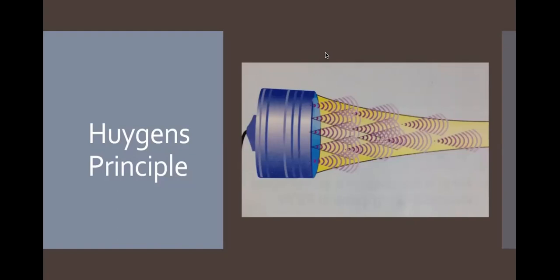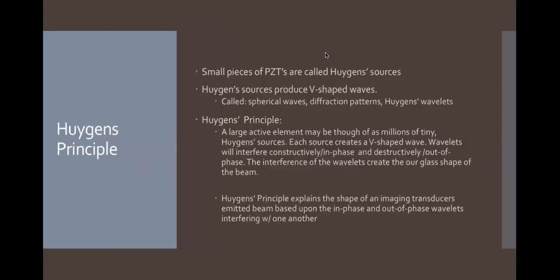Okay. So he came up with this theory, and he said really small pieces of PZTs, right? You guys know what PZTs are. They're also called crystals, active elements, lead zirconate titanate. So he said small pieces of PZTs are now called Huygens sources. Clearly this guy really loved his name, because he used it as much as possible.